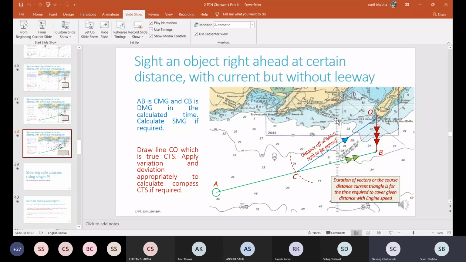सर, CMG तो अपना AB पे है ना, तो जहाज तो नीचे ही मूव कर रहा है ना? Oh, just a minute. Let me open it up in PDF and show you.